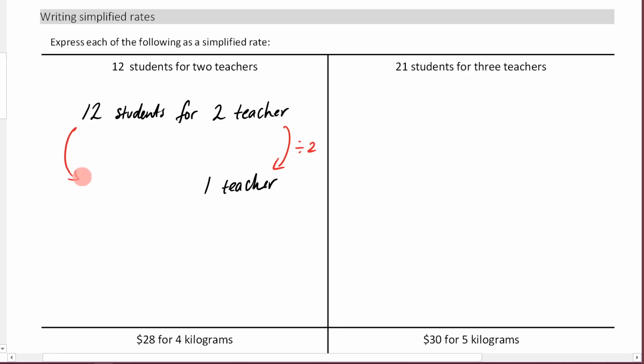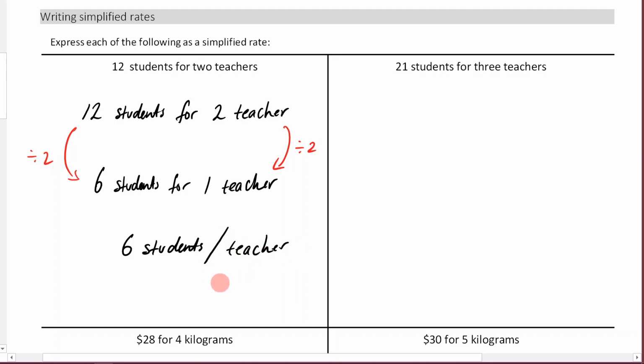I will divide this side by 2. 12 divided by 2 is going to be 6 students. So it will be 6 students for 1 teacher. I would write that as 6 students slash teacher, and remember, this slash means per. So you would say 6 students per teacher.